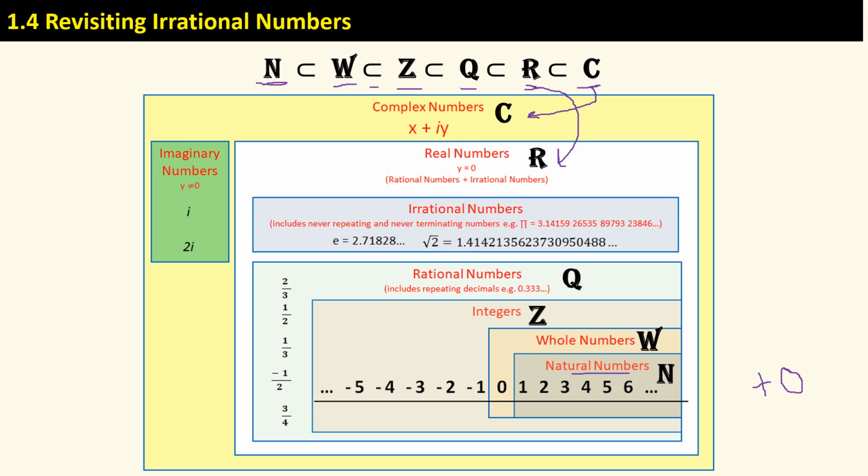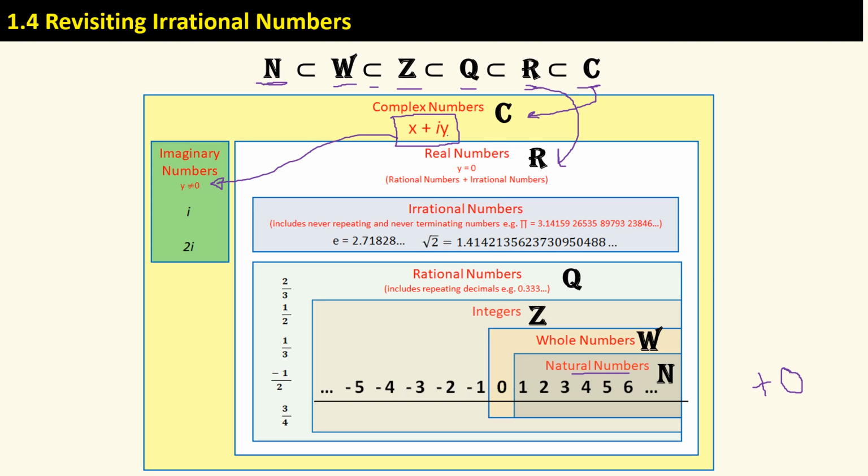If you see complex numbers, they are denoted in the form of x plus iota or i multiplied by y. So when y is not equal to 0, we get numbers called imaginary numbers. They will be in terms of i, that is iota, for example 2i.